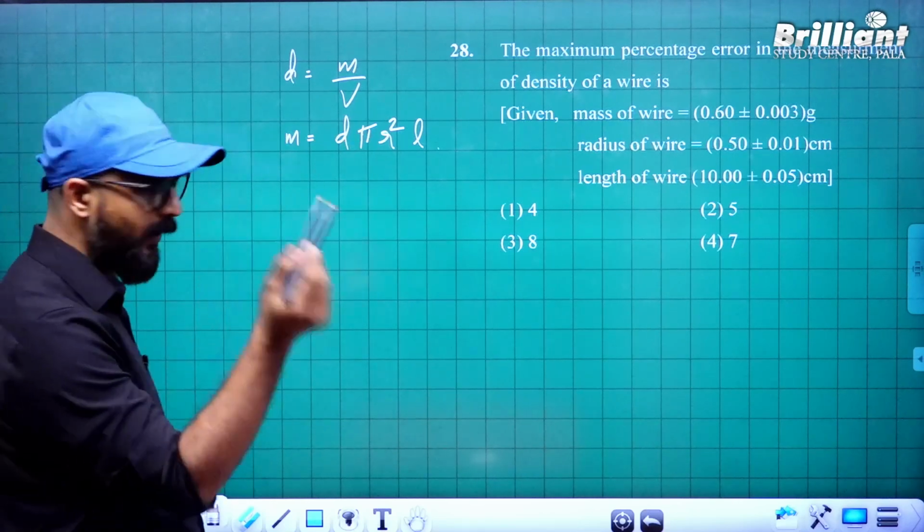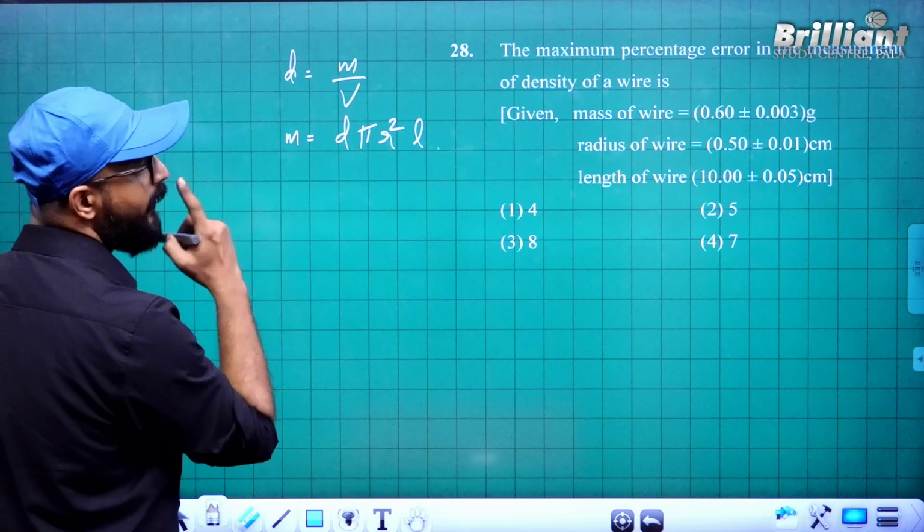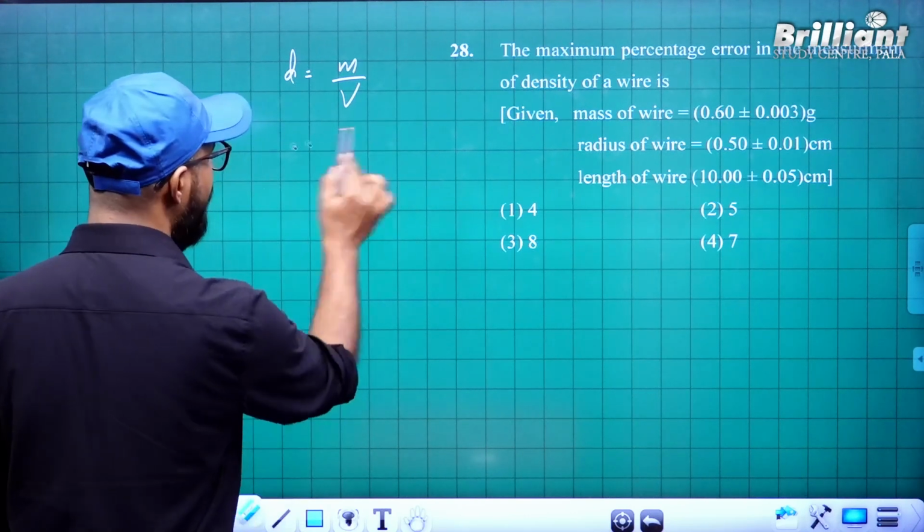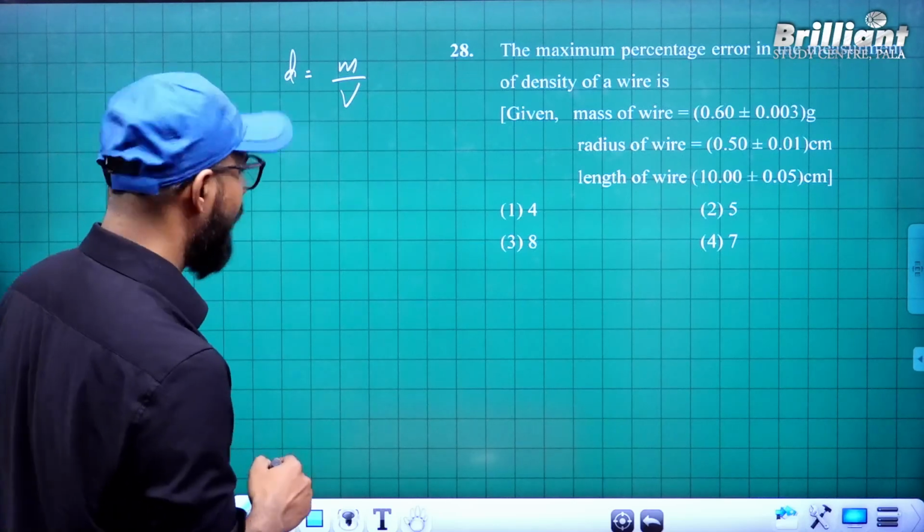Now let us find the fractional error in all of this. What are they asking? Okay. They are asking the fractional error in the density of the wire.